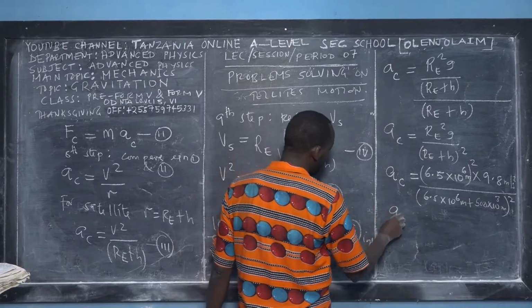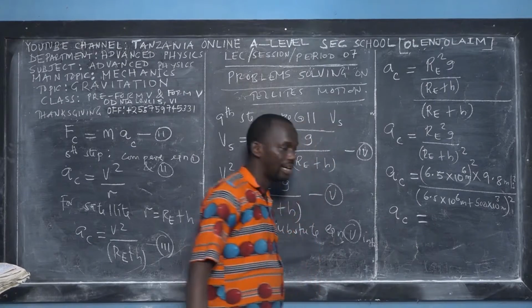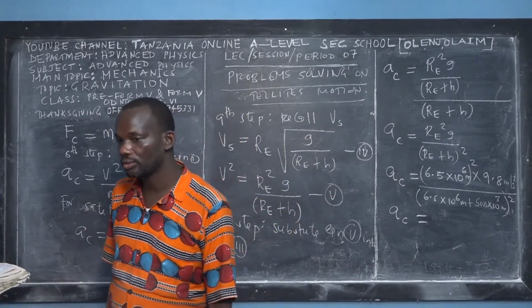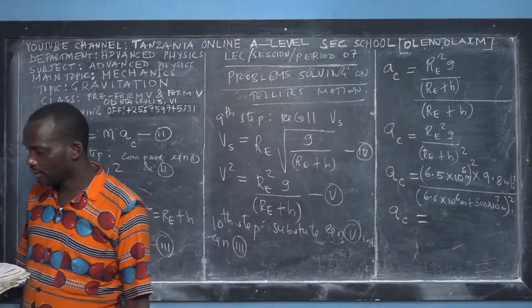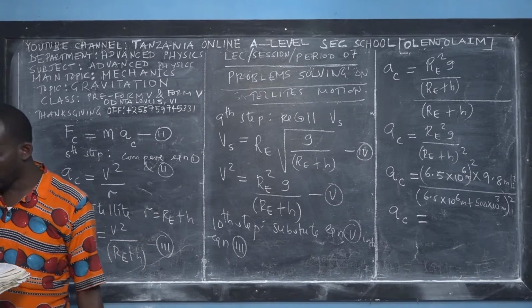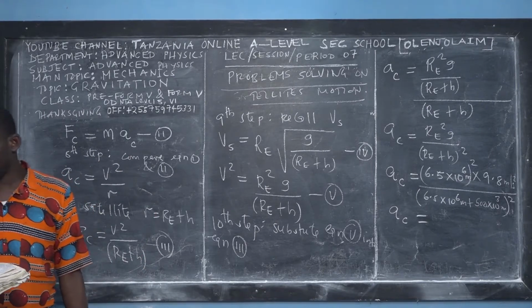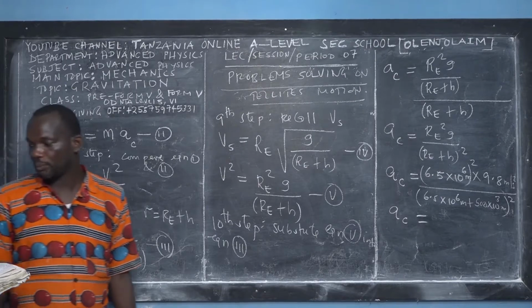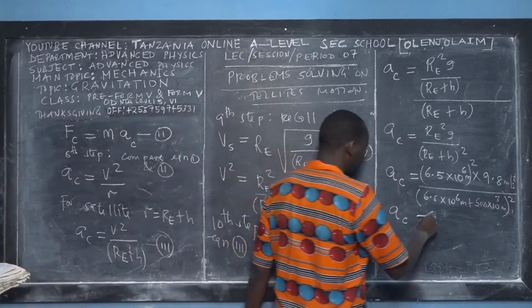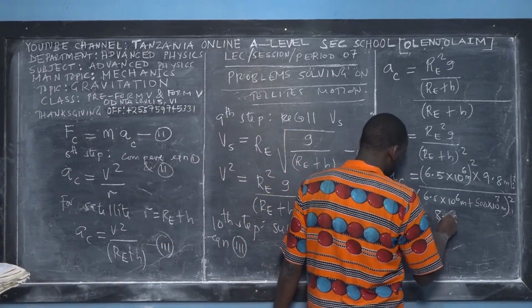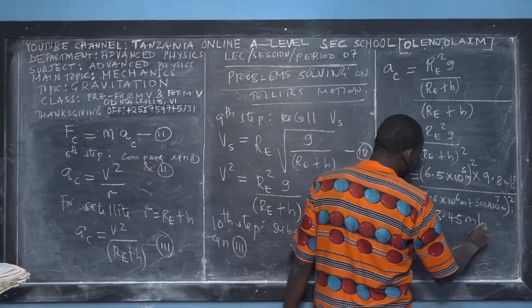So for the centripetal acceleration, you have to use your scientific calculator to do your computation. And then finally, if you do such computation, you will find that centripetal acceleration is 8.45 meter per second square. 8.45 meter per second square.